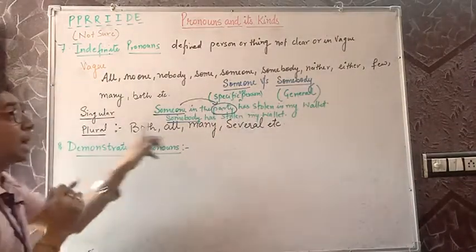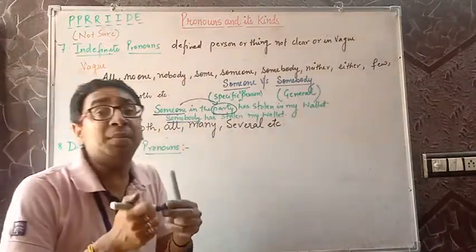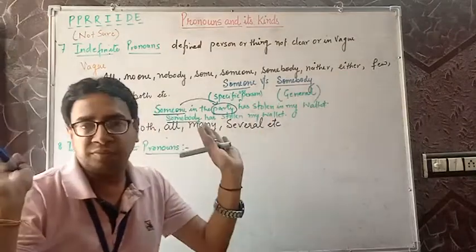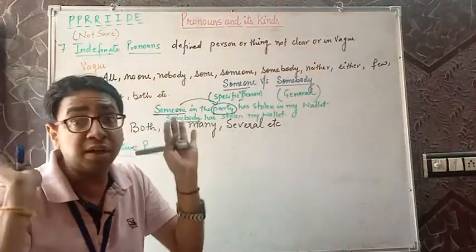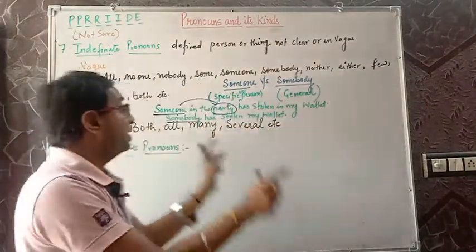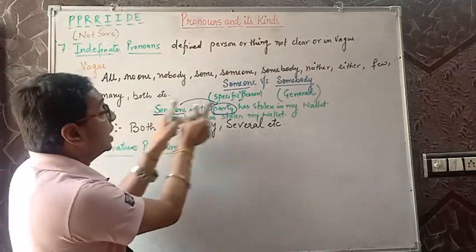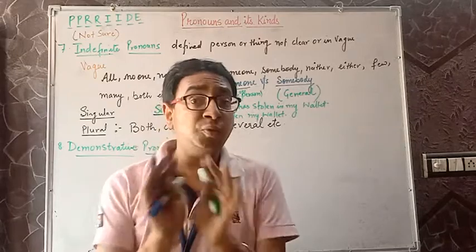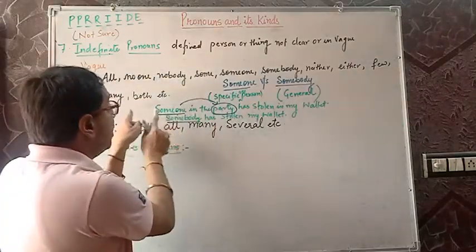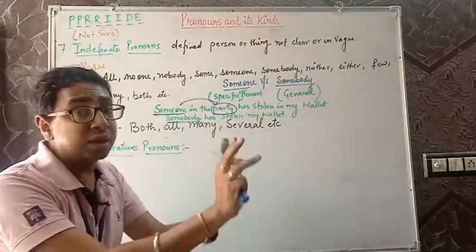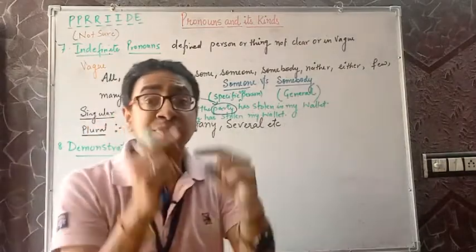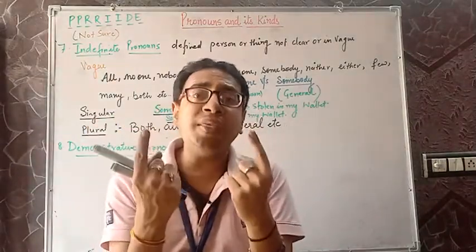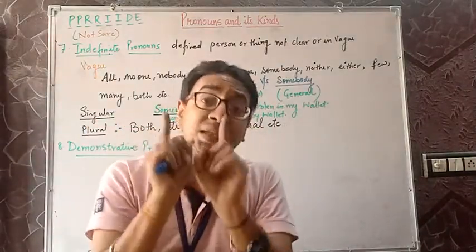When we talk about somebody has stolen my wallet, that somebody can be anyone in general. We are not clear who has done it, where it has happened. But in the case of someone, we are clear that someone in the party has done it. Still who did it, we are not clear, but we are sure that out of the people in the party, they only did it.